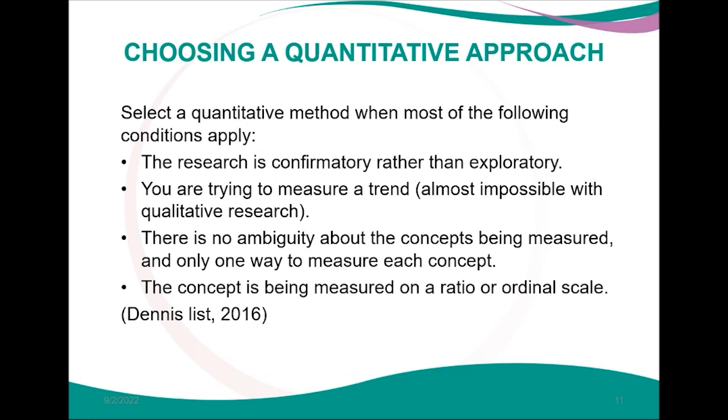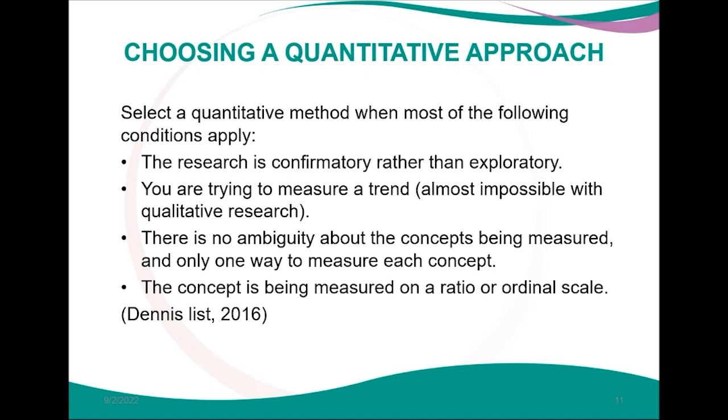guidelines that you want to use, or we use this method when most of the conditions apply. The first one is that the research is confirmatory rather than exploratory. Basically, here you have the hypothesis, so we want to confirm those hypotheses, or we are trying to measure a trend, which is almost impossible with qualitative research.